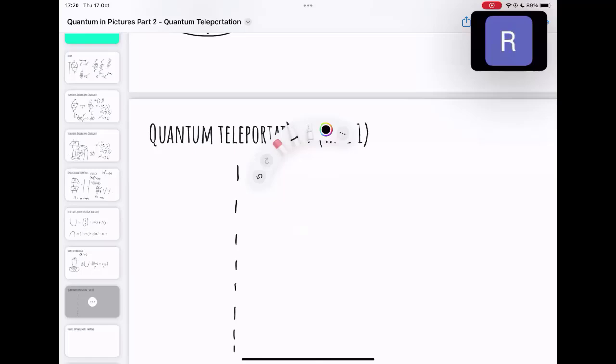Let's say there were two people, Alice and Bob, and Alice had a quantum state that they wish to transfer to Bob, but there's no quantum channel to do so. There's no way of just copying a quantum state, which we know is impossible by the no cloning theorem. So how would we do it?